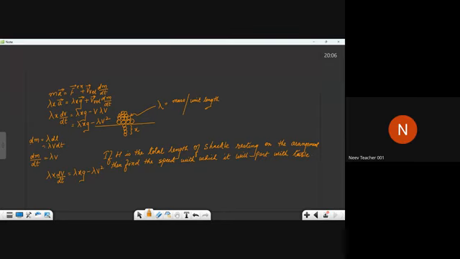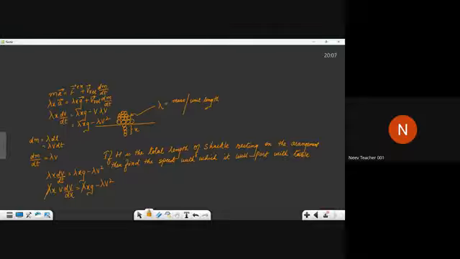This can also be written as v dv by dx, you know very well. So lambda x v into dv by dx is equal to lambda xg minus lambda v square.